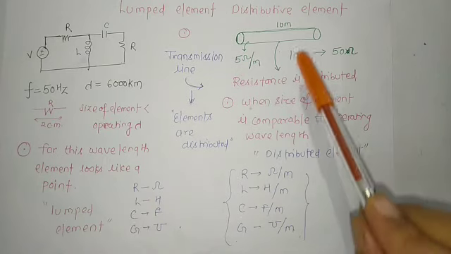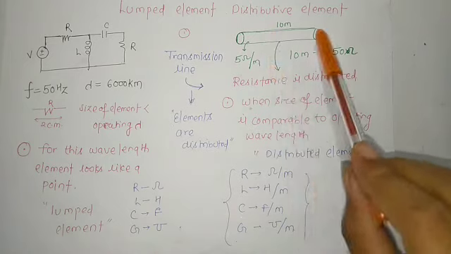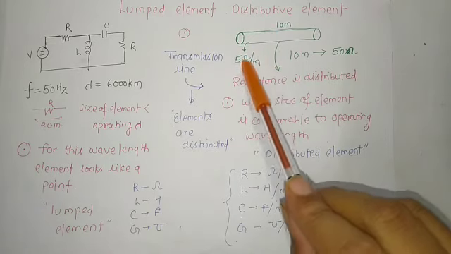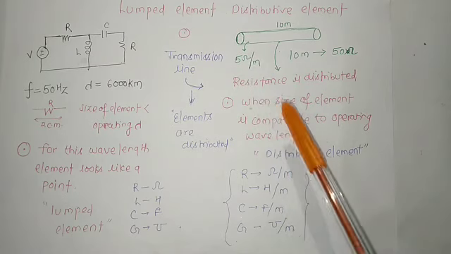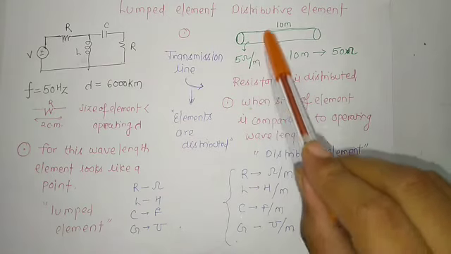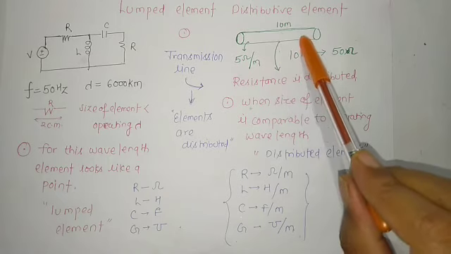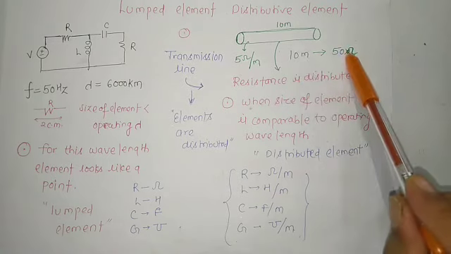Now let's take another thing. Suppose that this is a conductor and its length is 10 meter, and I have mentioned one more thing, 5 ohm per meter. What do you mean by this? It means that in 1 meter there is 5 ohm resistance, in 2 meter 10 ohm, in 3 meter 15 ohm, in 4 meter 20 ohm, in 10 meter 50 ohm.